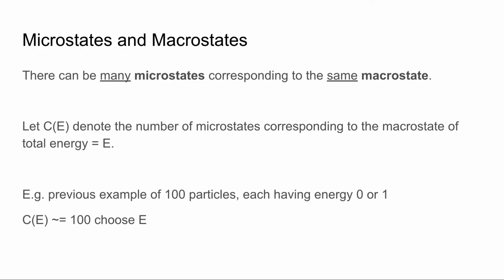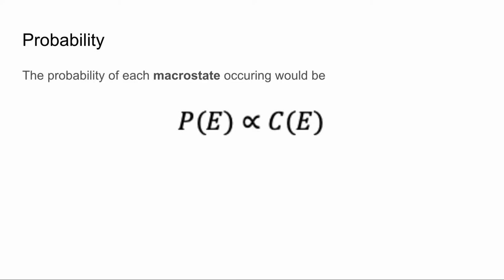So for example, in the previous example of 100 particles, each having energy 0 or 1, the way to count the microstates is with the function 100 choose E, right? So C is a function that helps you count the number of microstates corresponding to a macrostate. This is a very simple idea that we can use combinatorics to tackle.